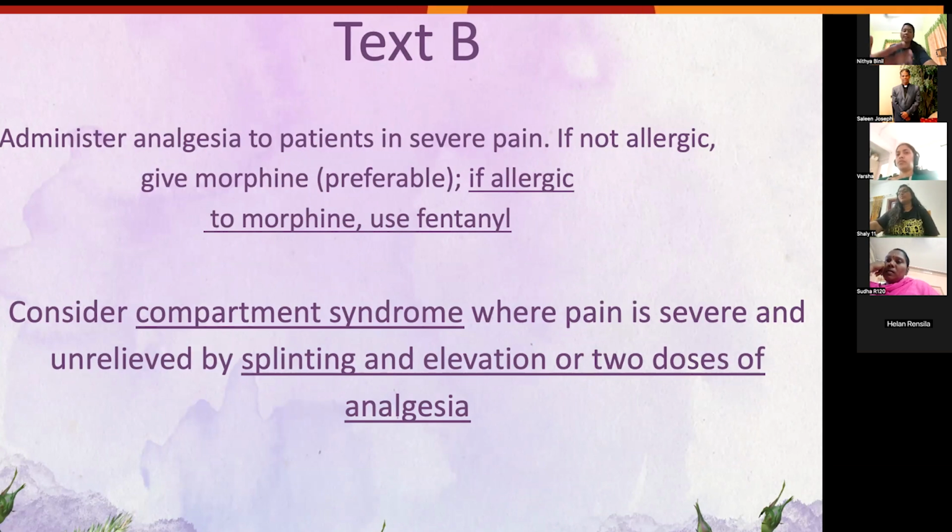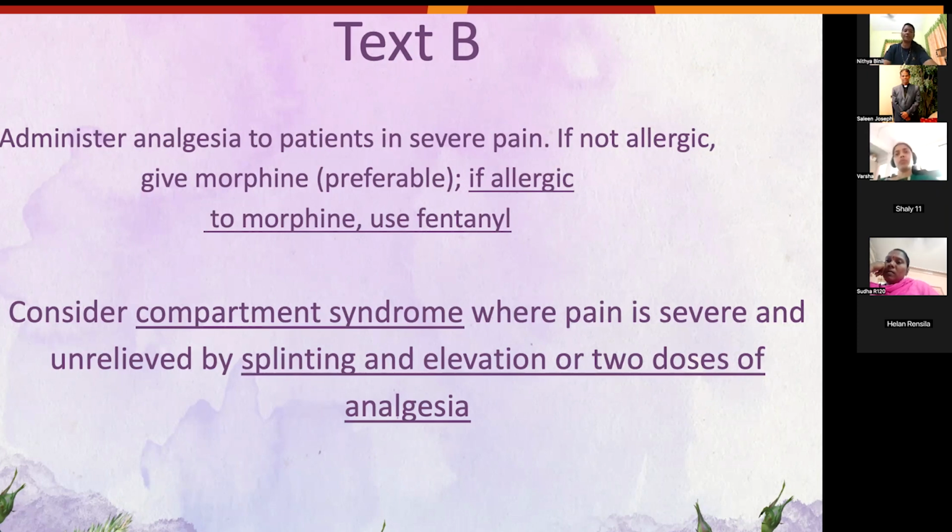They are asking for the condition, so we can select it from this sentence: the condition is compartment syndrome. If the pain is severe and splinting or elevation does not help, then we can consider compartment syndrome.